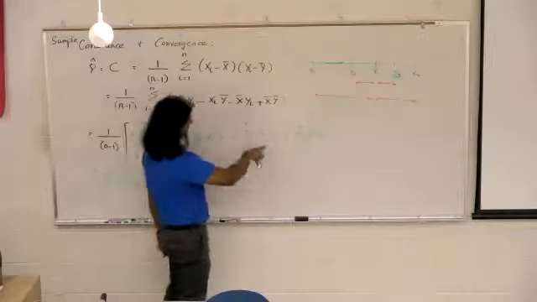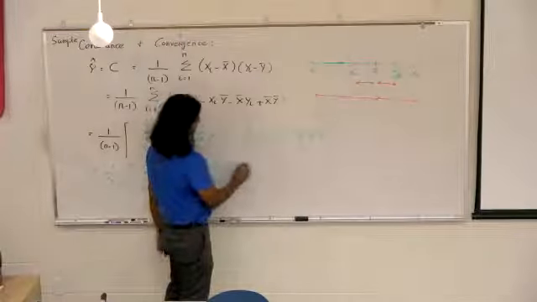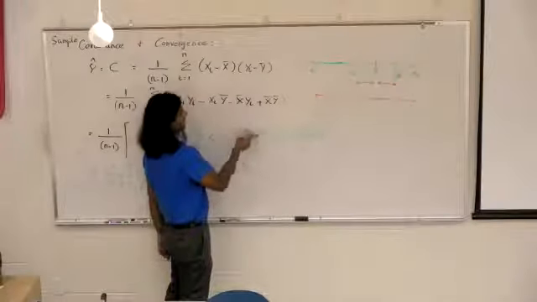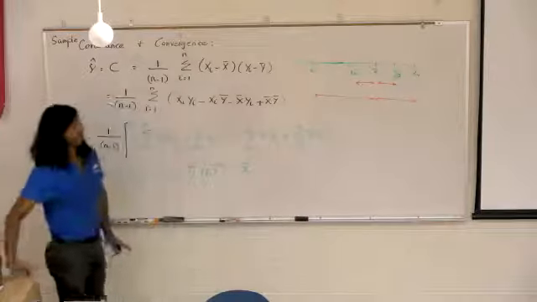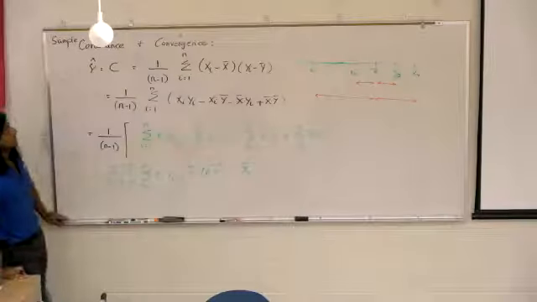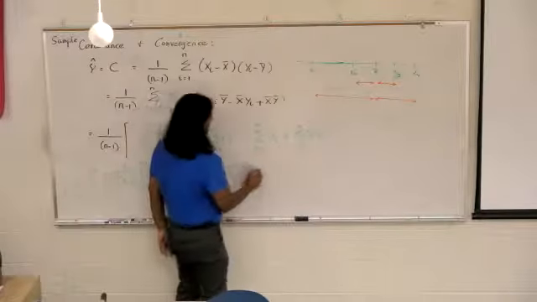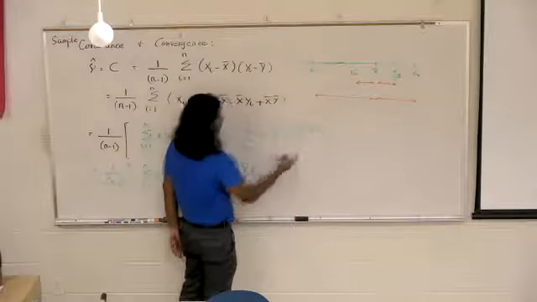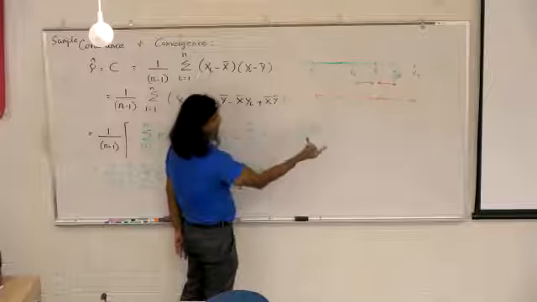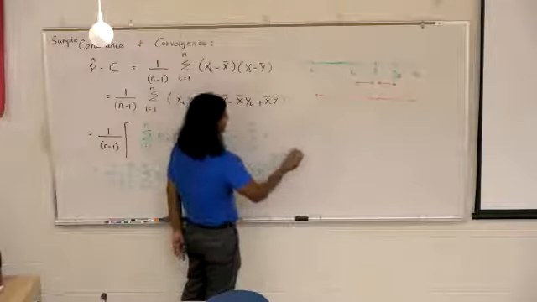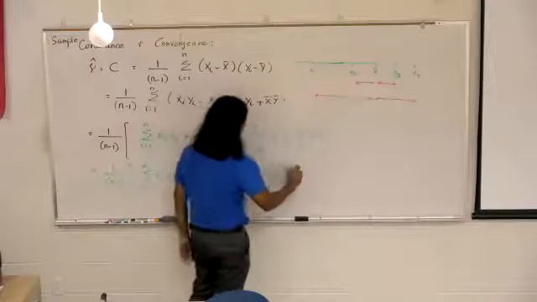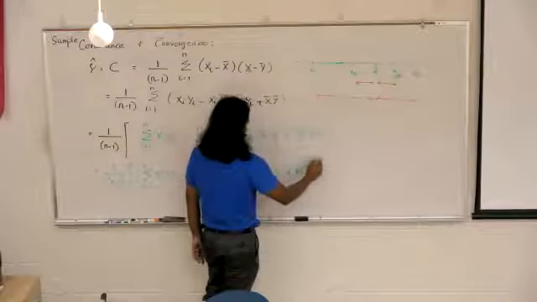Same logic, x bar is a constant. The sum i equals 1 to n of yi is n y bar. X bar is a constant, y bar is a constant, so you're summing n of those: n x bar y bar.